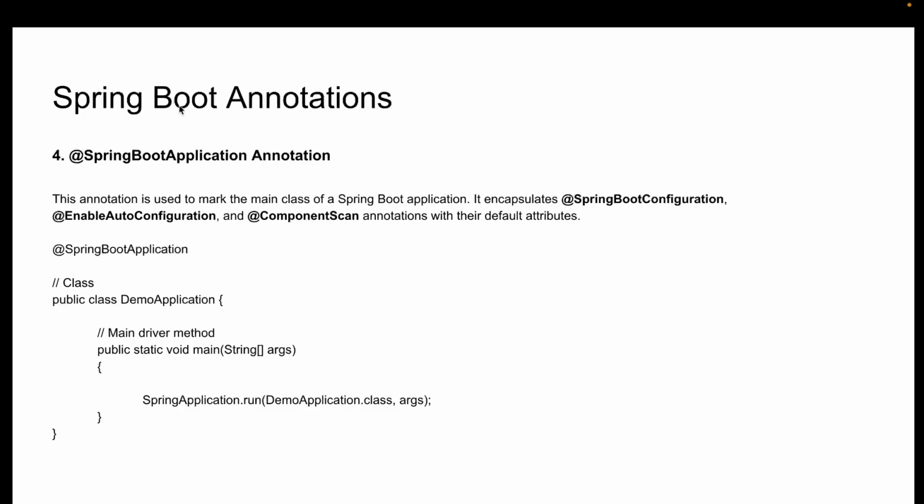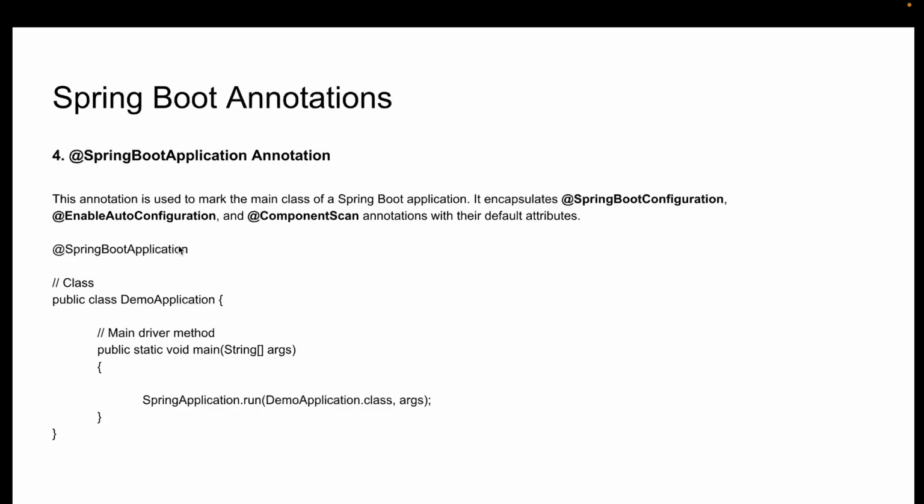And we know that this Spring Boot application annotation is like equivalent to all the three annotations: Spring Boot configuration, enable auto configuration, and component scan. So if you just apply this Spring Boot application annotation on top of your class, it's a class level annotation, so you will have to apply it on top of your class, and it does all the three things.